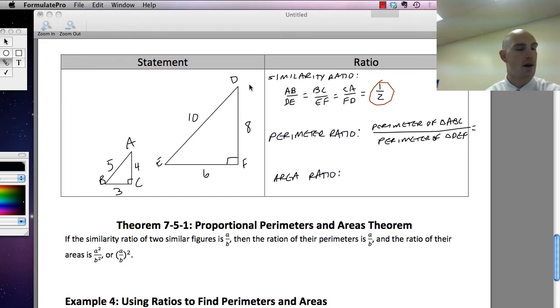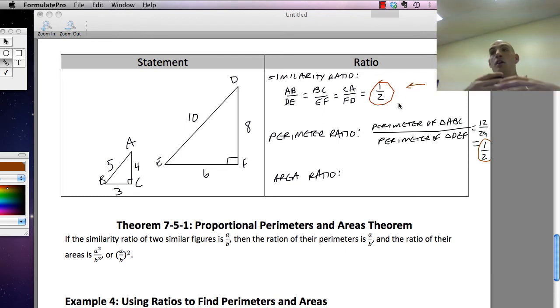When we do that, we end up with 12 over 24, which is equal to 1/2 again. And that makes sense because if each of the sides has a certain relationship, 1 over 2, 1 over 2, 1 over 2, that was our similarity ratio, it would make sense that if we put all of them together, the ratio of the perimeter would be the same.